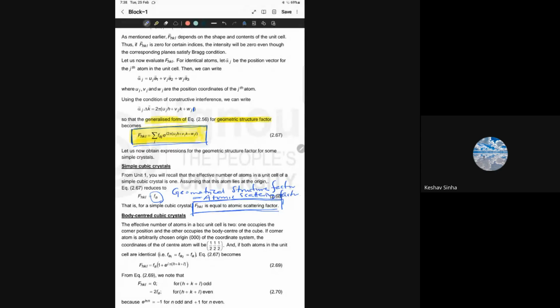Whereas in case of body centered cubic, what happens?